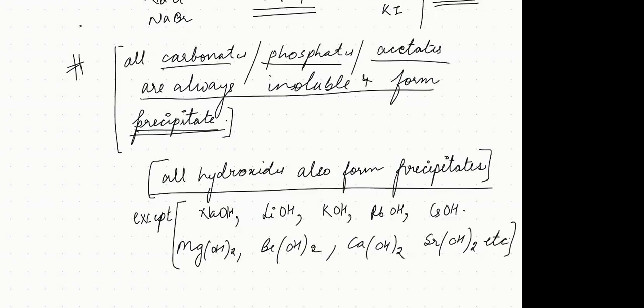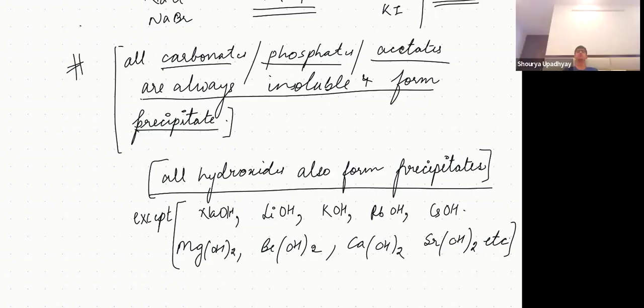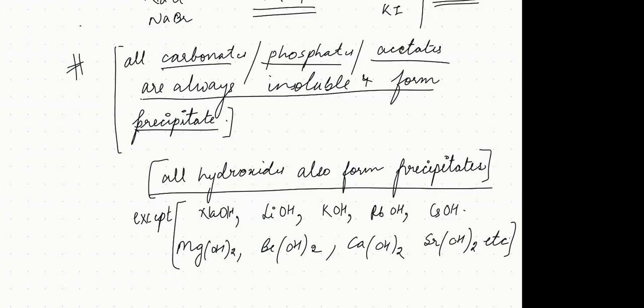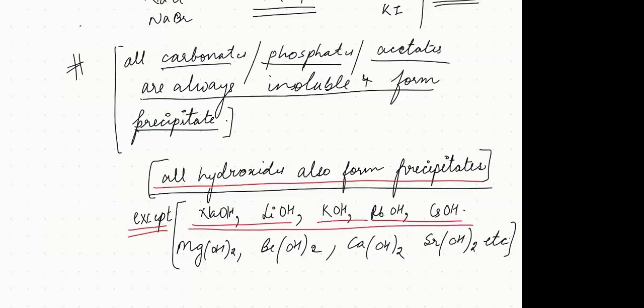You understand? So this is also very important. So all carbonates, phosphates, acetates are always insoluble and they also form precipitates. Understood or not? Yes, ma'am. All hydroxides also form precipitates except NaOH, LiOH, KOH, RbOH, etc. Got my point? Yes, ma'am. Right.